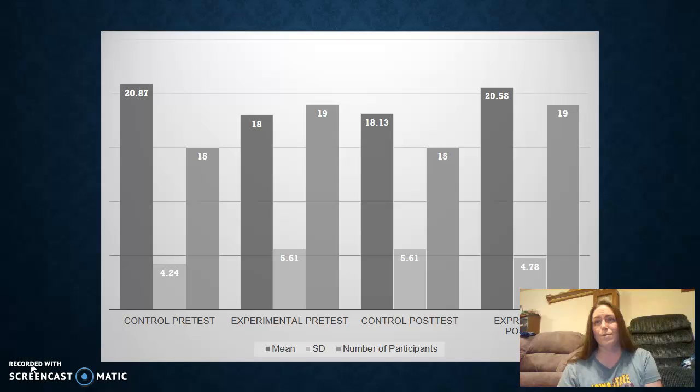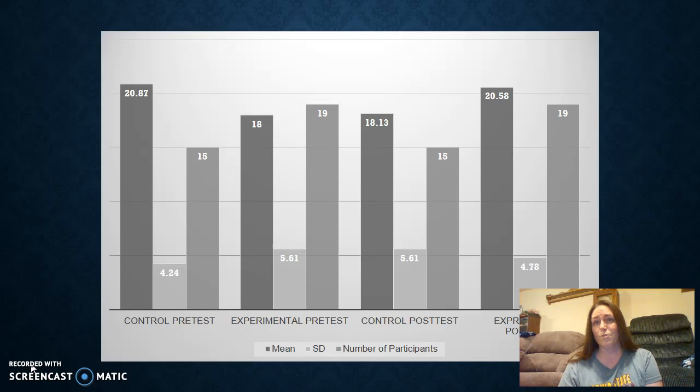This shows you the results of the control and the experimental group with the grade pre-test and post-test. The control group scored a mean of 20.87 with a standard deviation of 4.24 before the treatment, and after the treatment a mean of 18.13 with a standard deviation of 5.61.